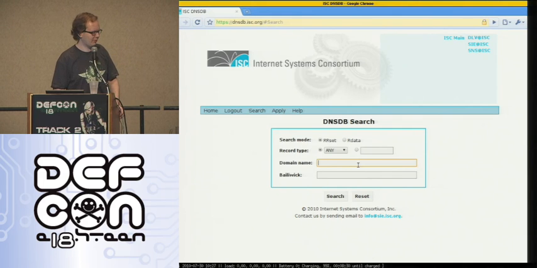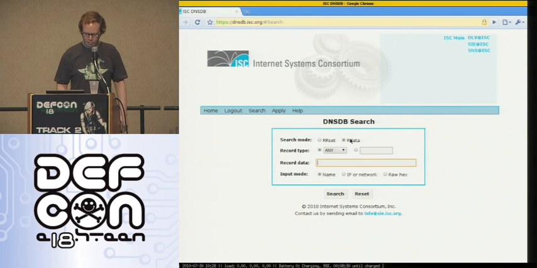Apparently it's some sort of a colo hosting provider or something that for some reason people really dislike. So let's see what happens when we want to look up all the names that SoftLayer's DNS servers serve.